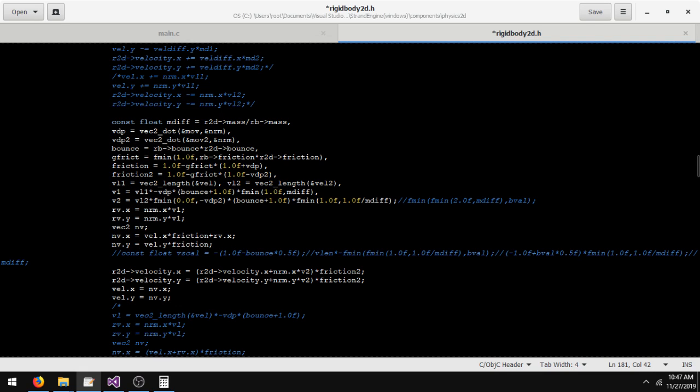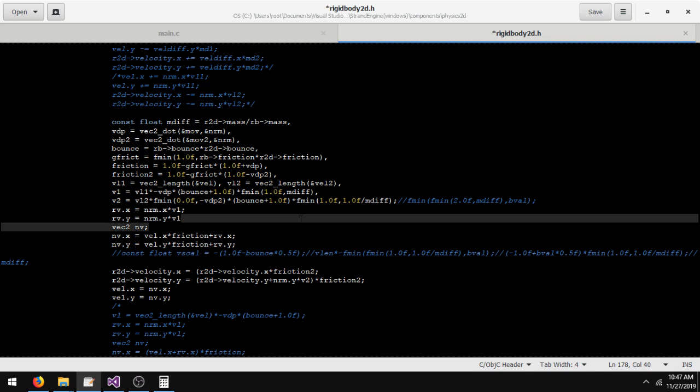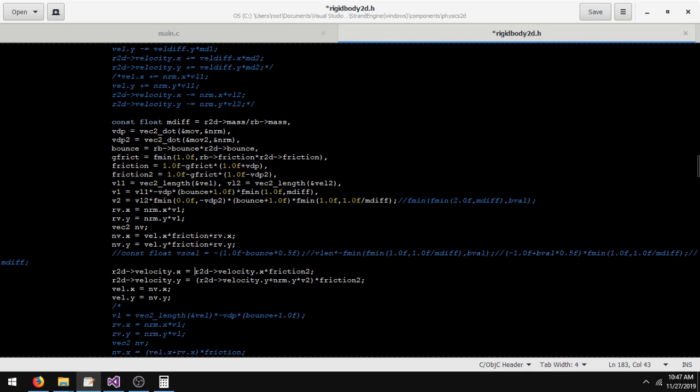Should only apply the friction to the existing velocity. So then I think it should apply this negative force, but I think maybe it should clamp.